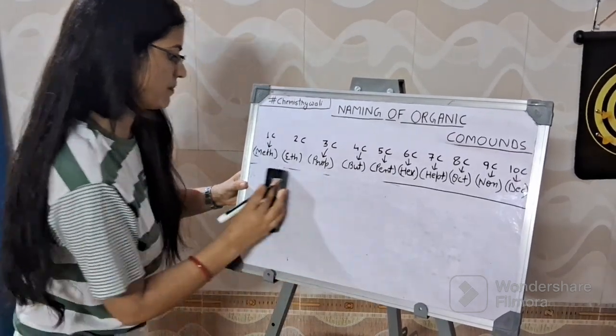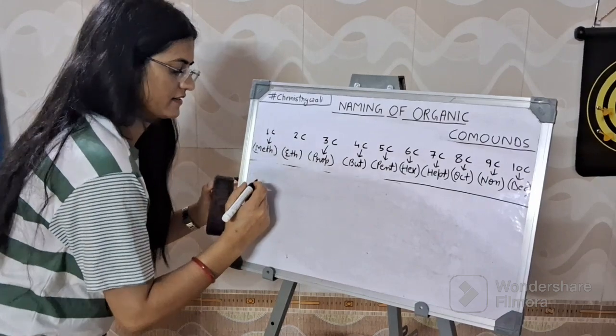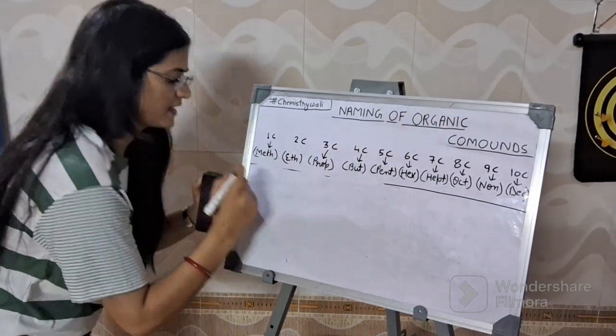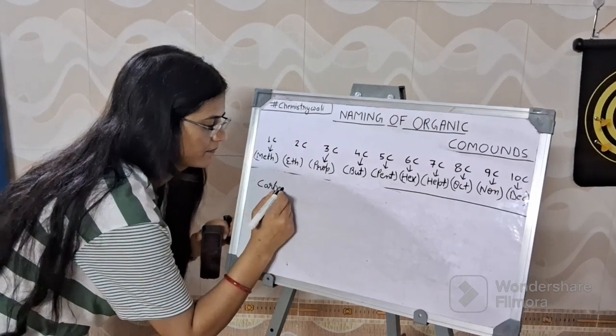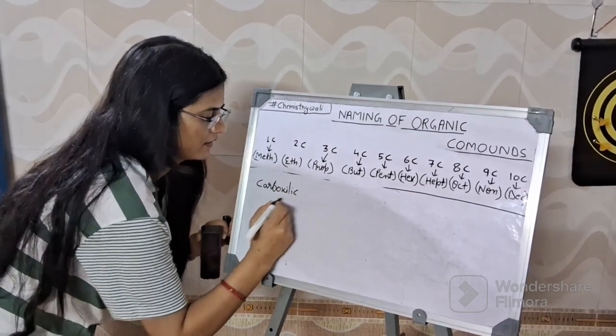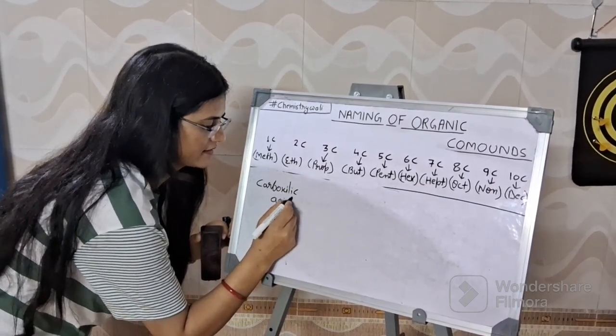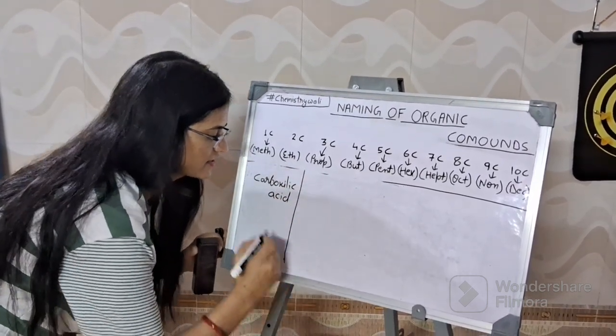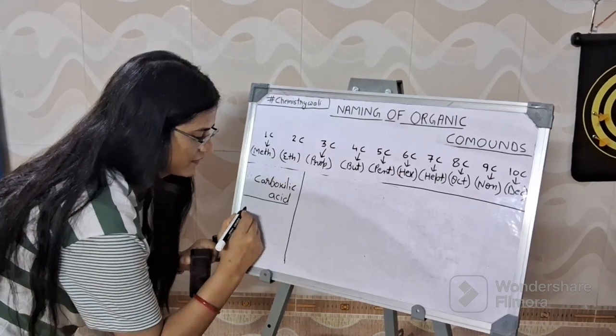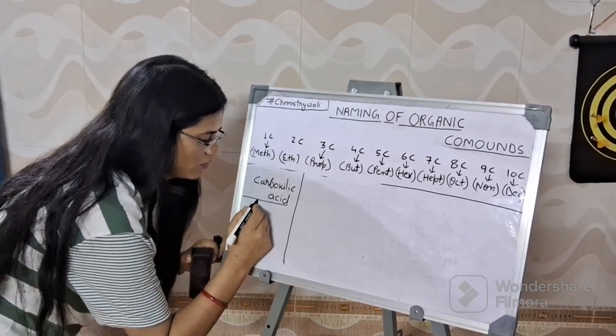If we will discuss about carboxylic acid. So for carboxylic acid, functional group is COOH.